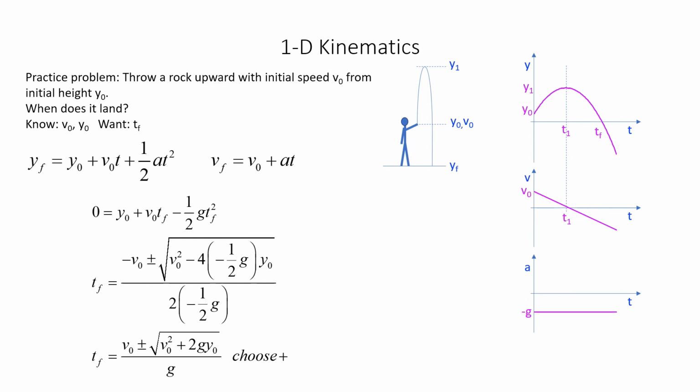If I take the square root of that, I have v0 squared with something added to it, so I should have some value larger than v0, and I can't subtract a value larger than v0 from negative v0. I'd have a negative time. It actually would give the intercept before I actually threw up the rock. So I know I need to choose the positive sign here.